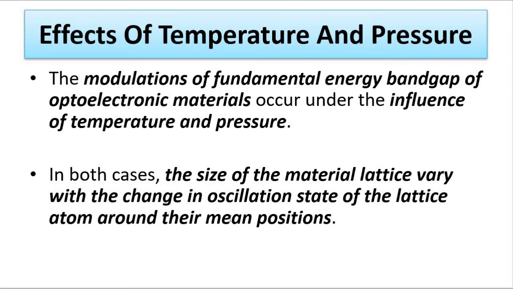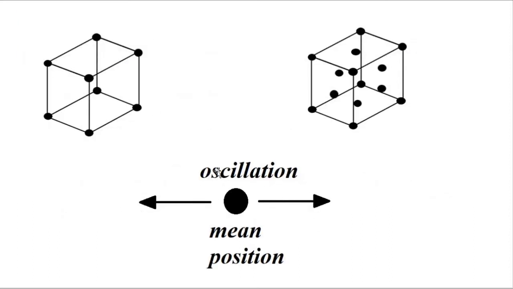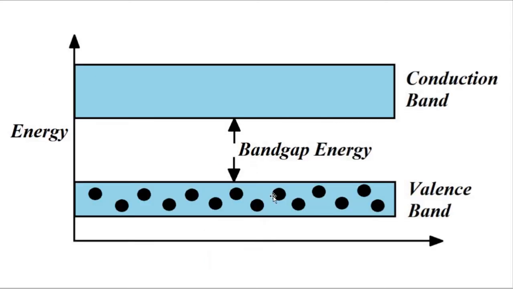This leads to a change in the size or arrangement of the crystal lattice because of the oscillation of the atoms around their mean position. And that leads to a change in the forbidden energy gap, because the forbidden energy gap is everything about the position of the atoms and the electrons present in the outermost band, the valence band.